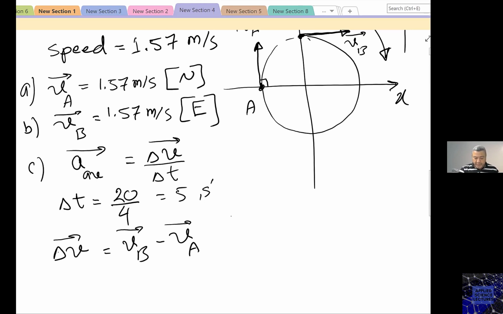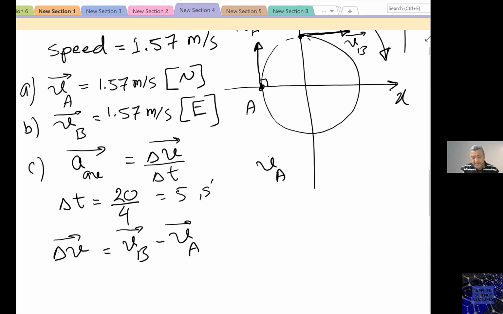Fine. So I have VA and VB. I need to find the projections of VA and VB, right? Didn't we say that whenever we're dealing with vectors, we will be dealing with their projections? So let's find out what the projections are in my case here.